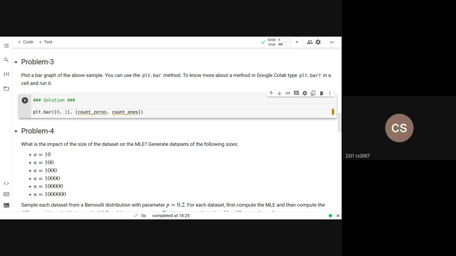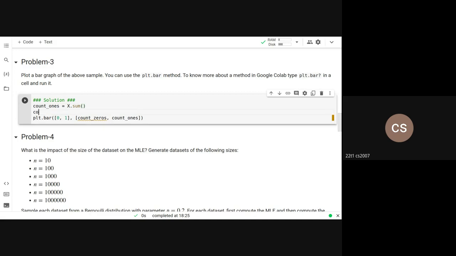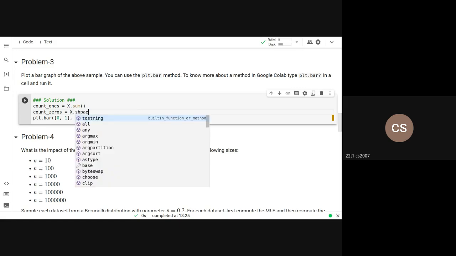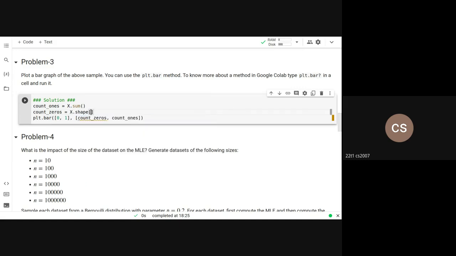That is correct, that is good. So we'll do count ones first: x dot sum will be the number of ones, and count zeros will be, as you said, length of x minus count ones. In NumPy, we usually do everything using shapes, and x is of shape 1000, so 1000 minus count ones.